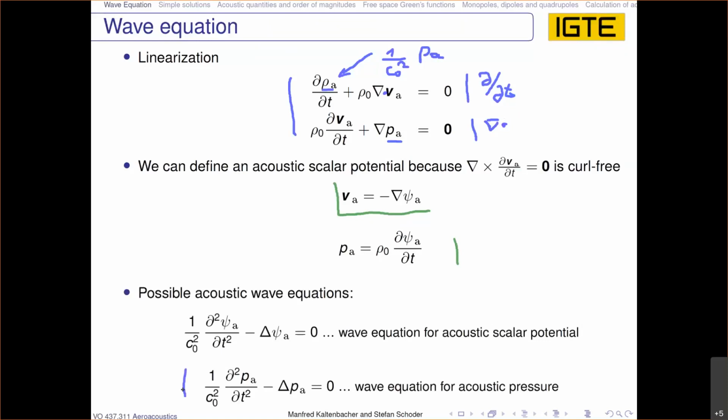And we have it directly where we have a second time derivative and a second space derivative. This is the typical form of each wave equation, whether in solids, in fluids, wherever, that you have this relation between space derivatives and time derivatives. Okay, on the other hand, there is also this acoustic wave equation written for the acoustic particle velocity.